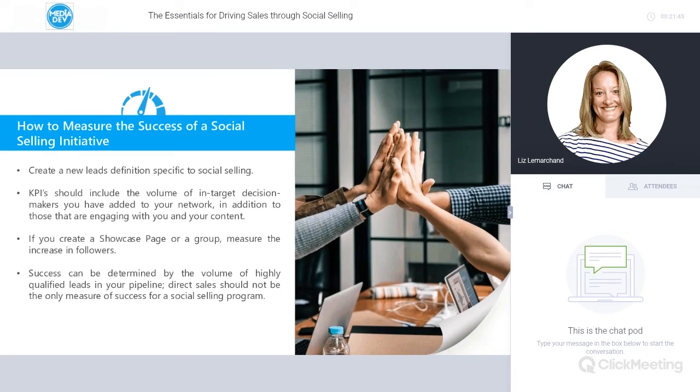So again, social selling revolves around engagement. What prospects are engaging with your content and how are they engaging with it? Are they liking your content? Are they sharing it? Have you seen an increase in the number of followers to your social media pages? Is the sales team happy with the quality of the leads that they've been given to follow up?